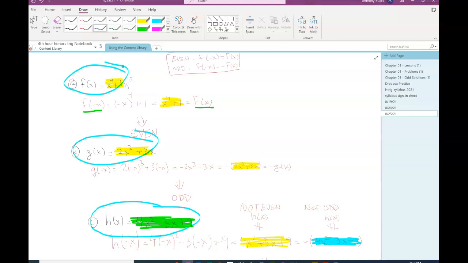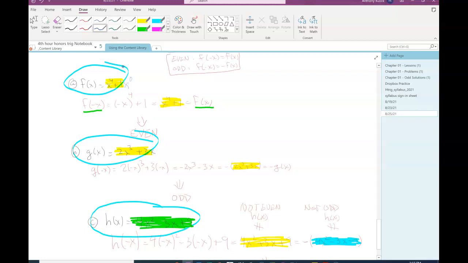So if all the terms have an even degree, you'll have an even function. If all the terms have an odd degree, it'll be an odd function. And if you have a mix of odd and even degrees, it'll be neither. Now that's true for polynomial functions.